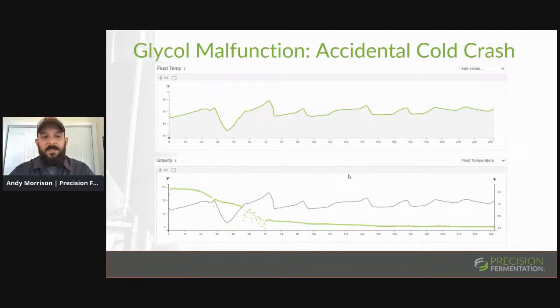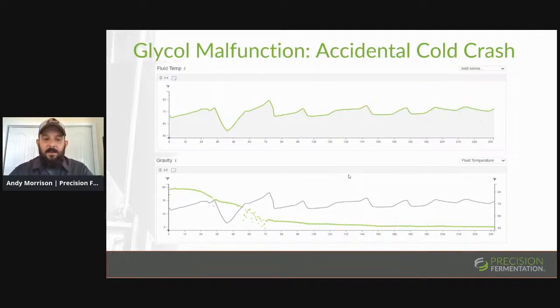Now, what's interesting to see there on that lower graph is how that impacted the gravity, right? So you can see gravity is working its way downwards, and at about hour 36, the slope of that change in gravity, the rate of gravity change, starts to shallow out there, right? Almost like fermentation's ending, because you're essentially prematurely cold crashing that yeast out of solution.